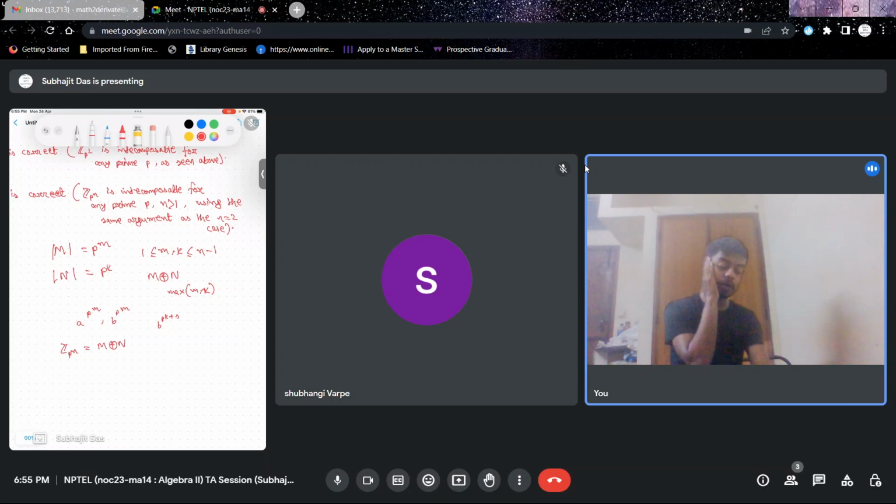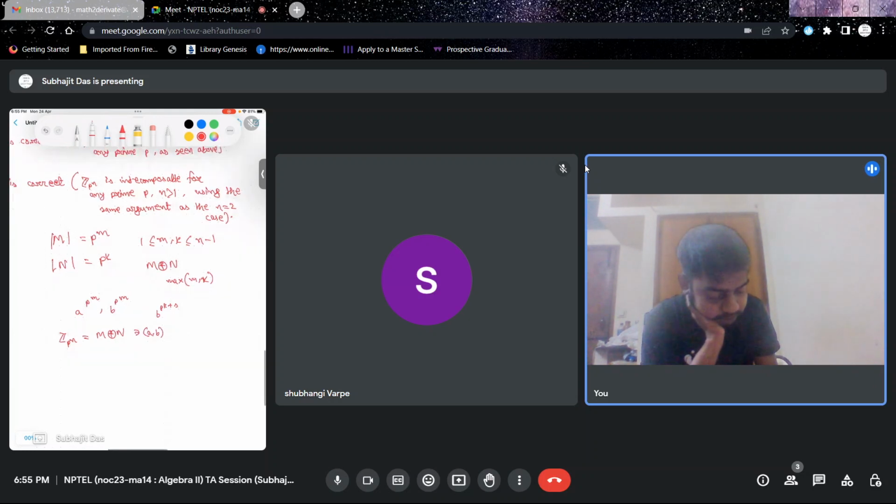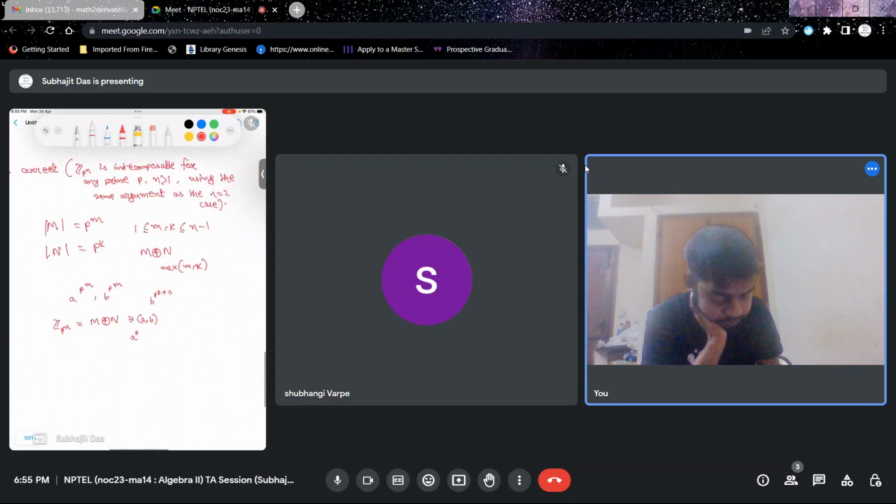So take any arbitrary element here, a comma b. Assume that the order of a in M, of course it has to be a prime power, is such that a to the power p to the power k1 is identity. This is the order, assume, and b to the power p to the power k2 is identity.